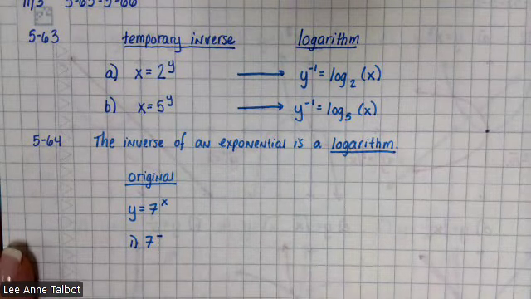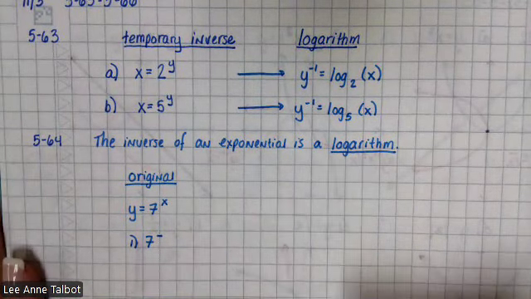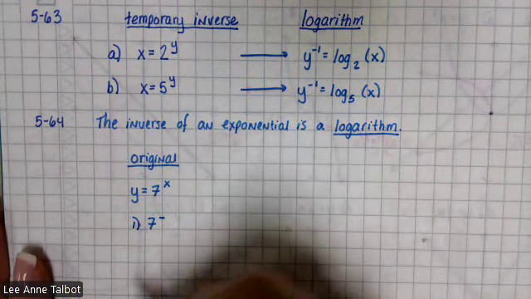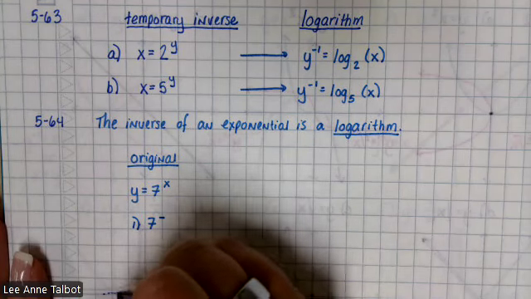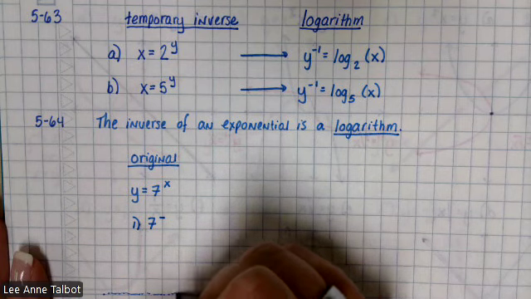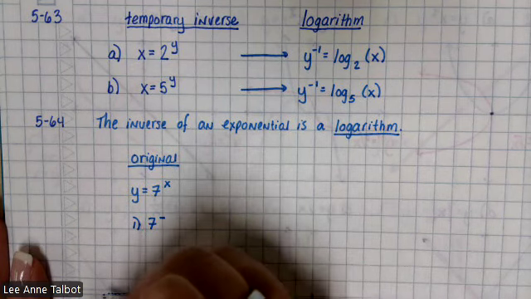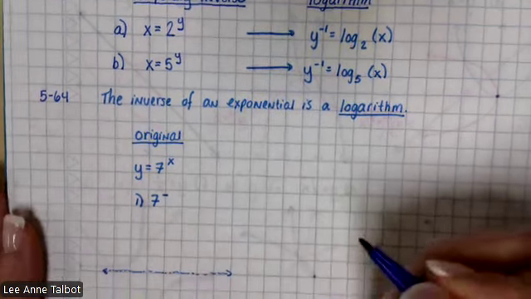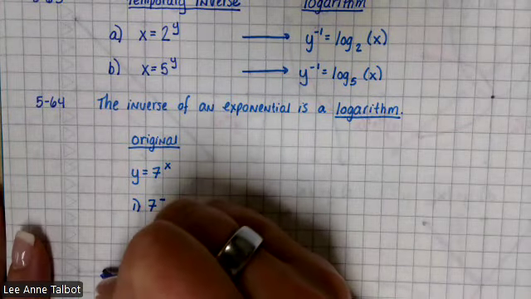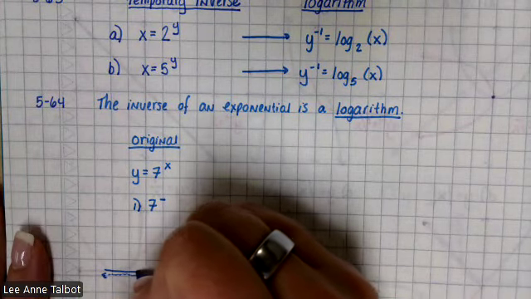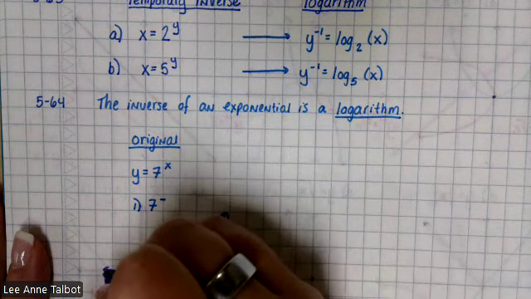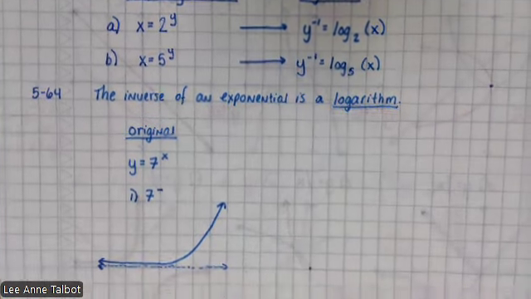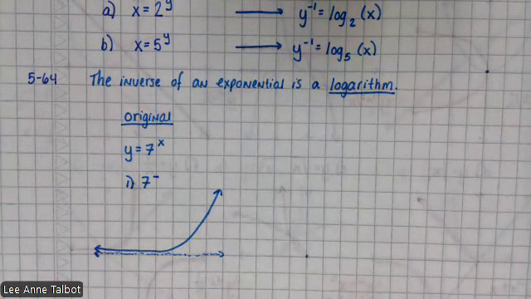Okay, now if I were to graph the picture of 7 to the x, I'm just going to draw this really rough. There would be a horizontal asymptote. And my exponential would go along the asymptote and then curve up like that.